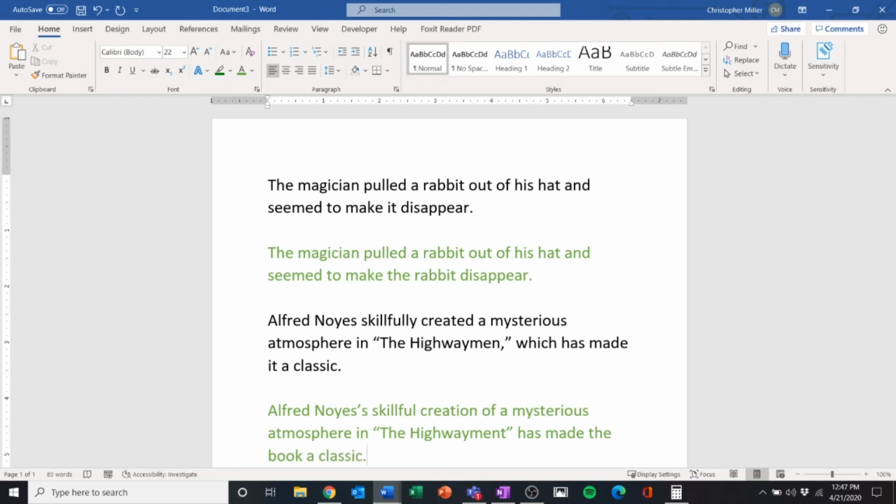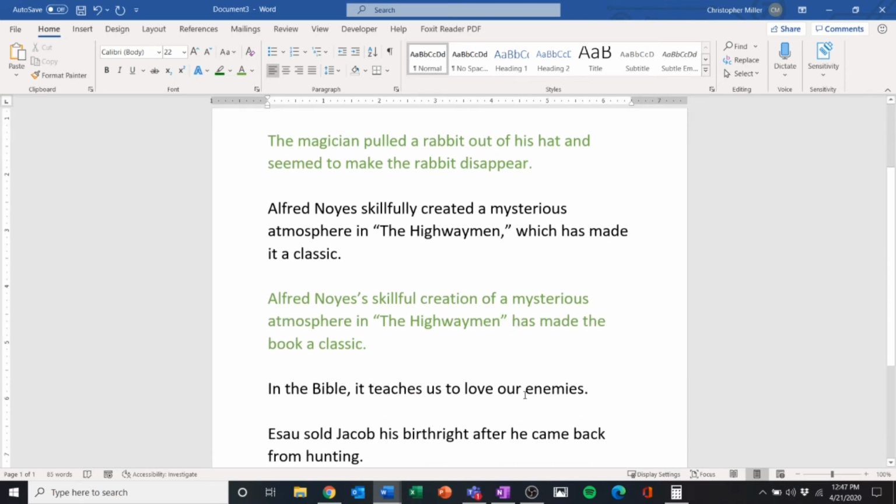Yeah, that could work. Alfred Noyes' skillful creation of a mysterious atmosphere in The Highwaymen has made the book a classic. Yeah, that could work. That sounds good.